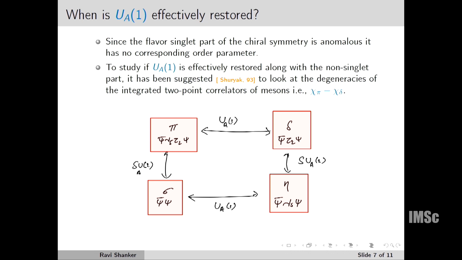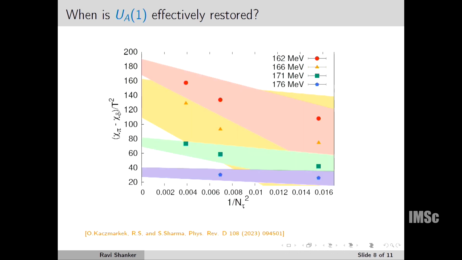From this picture, you can see that under U(1)_A restoration, pi and delta are degenerate states. Similarly, sigma and eta are also degenerate states. When these correlators become degenerate, you would expect that the value of chi_pi minus chi_delta will go to 0. That is what we try to calculate in terms of the eigenvalues of the Dirac operator.